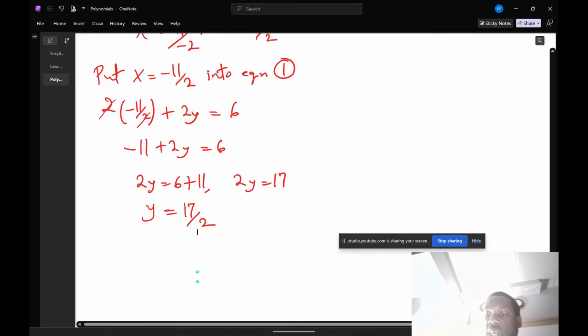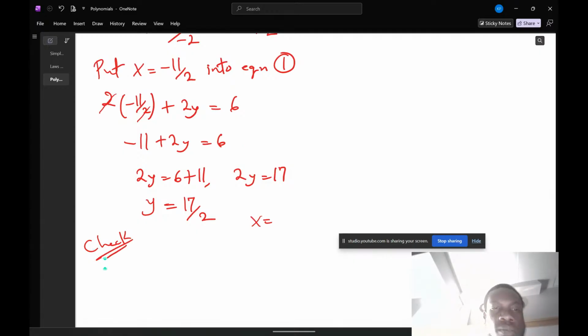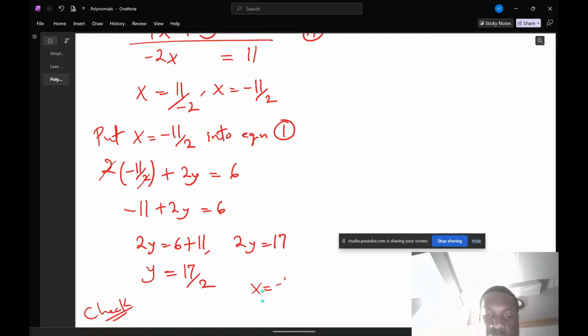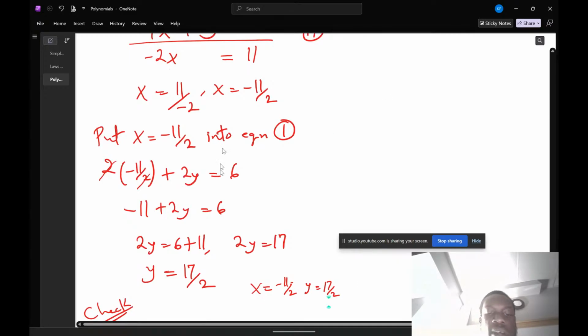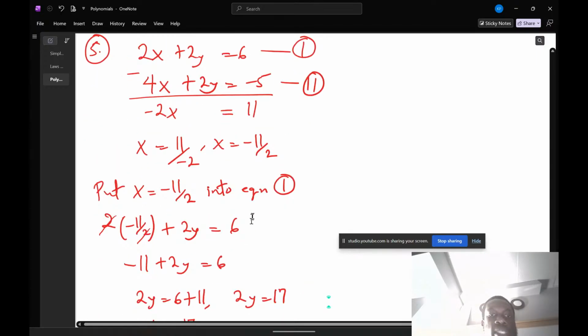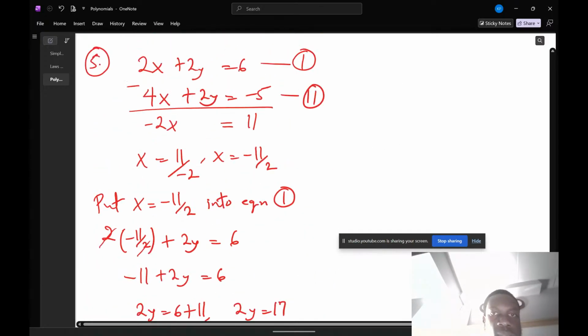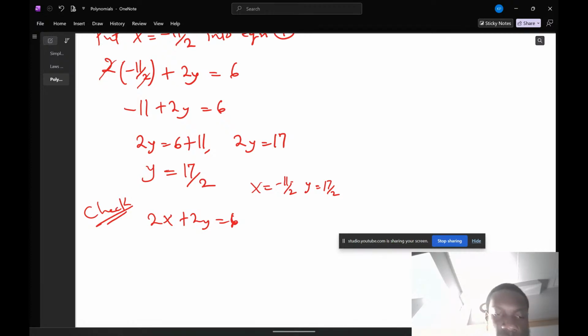Now let's quickly check if we are on the right track, because x should be minus 11 over 2 and y should be equal to 17 over 2. If we put these two numbers into equation 1, we must make sure that we get 6. So 2x plus 2y is equal to 6, right? Now let's put x equals minus 11 over 2 and y equals 17 over 2.